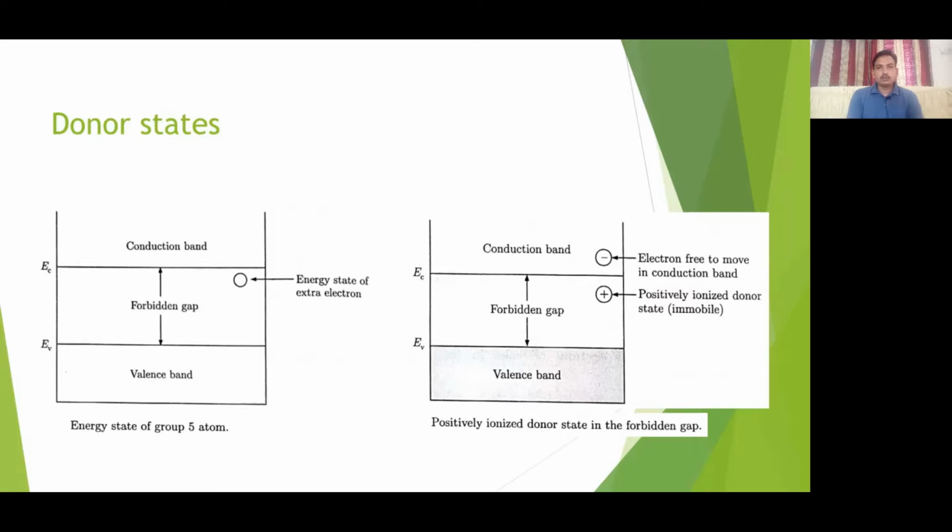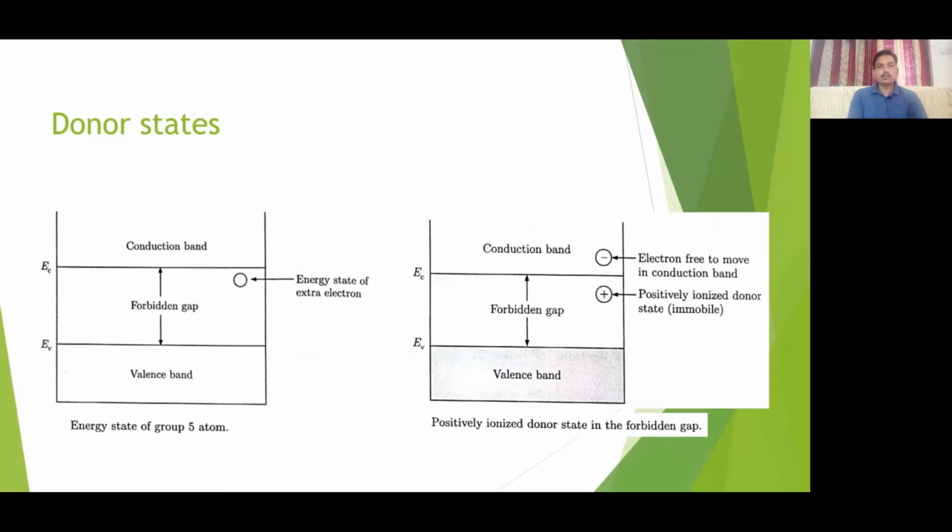So the electrons which form covalent bond with the host atoms lose their energy. They come in the bound state. Whereas the electron which is unpaired has energy sufficiently larger as compared to that of the host atoms, the germanium atom or the silicon atoms.